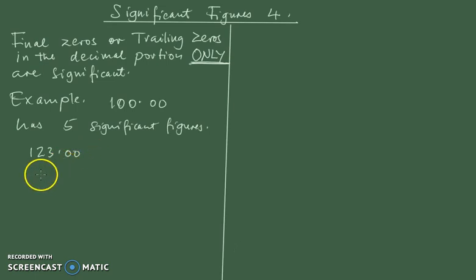A number like 1.00 has 3 significant figures.